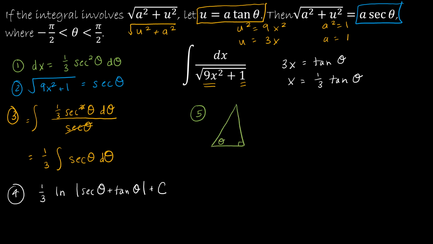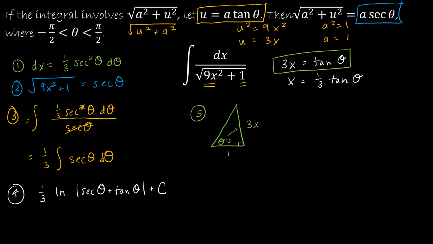Again, choose a side to be theta, and then use what we know. So if tangent theta is equal to 3x, then I can say tangent of theta, which is opposite over adjacent, is equal to 3x over 1.